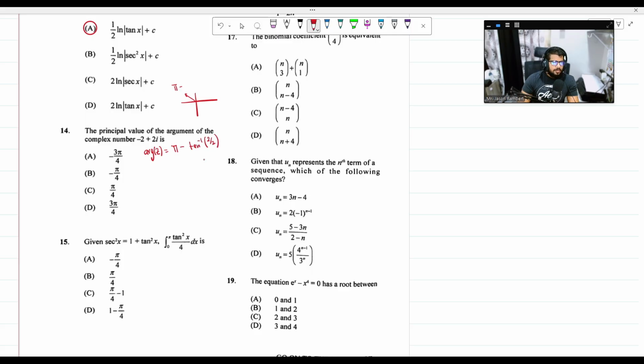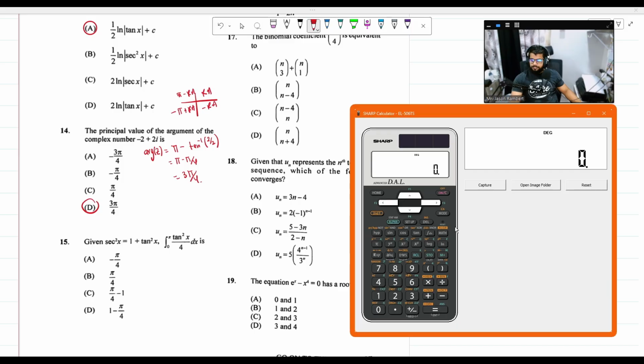Tan inverse of 1 is pi on 4. So it's pi minus pi on 4, which is 3 pi on 4. This is the principal value of the argument of the complex number, 3 pi on 4.